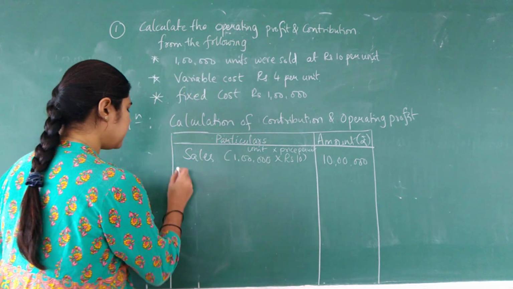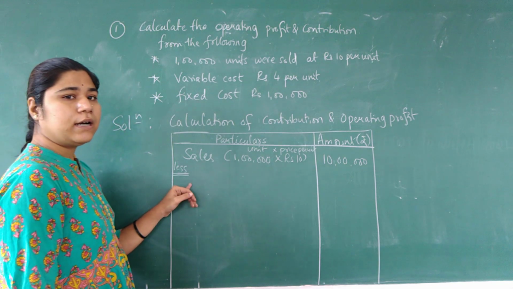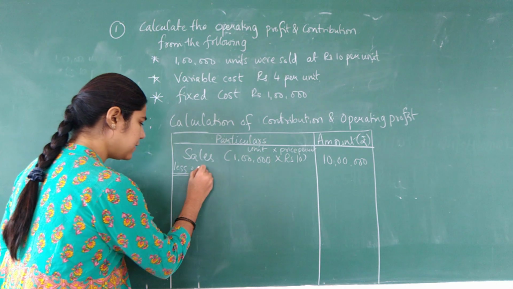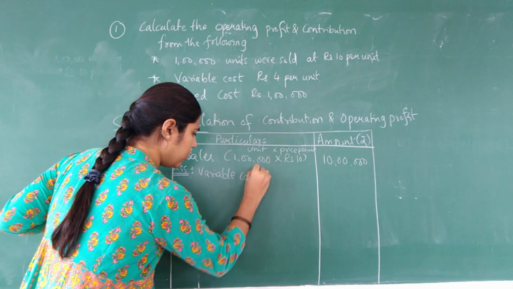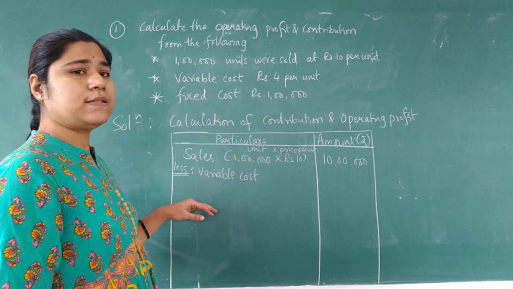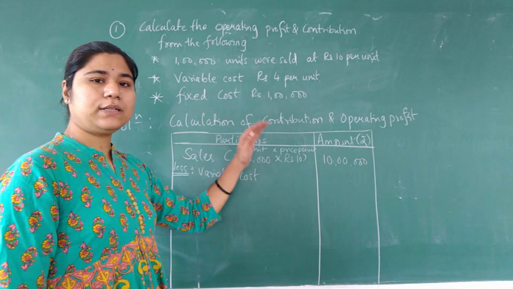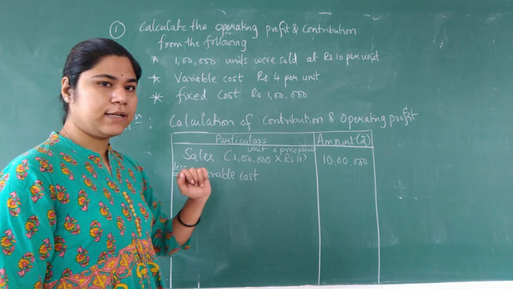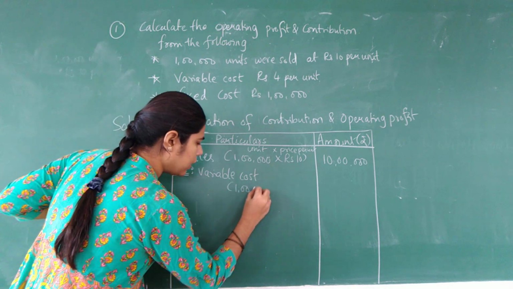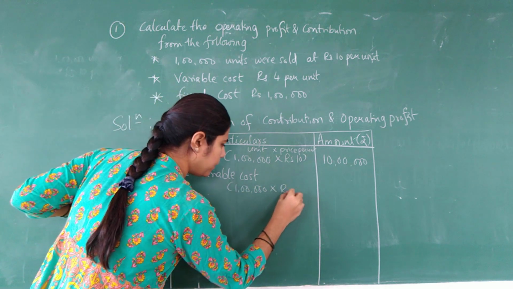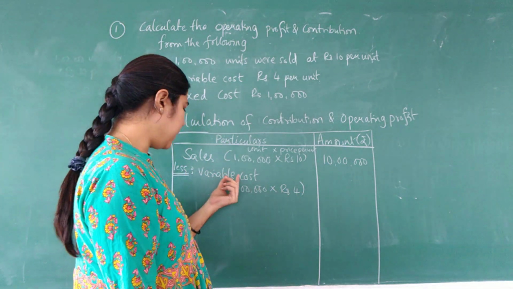Now from the sales, I will deduct our variable cost, less variable cost. Again, the variable cost is not given as a total, because they have given only the per unit cost. So 1 lakh multiplied by rupees 4 will give you 4 lakh as the variable cost.